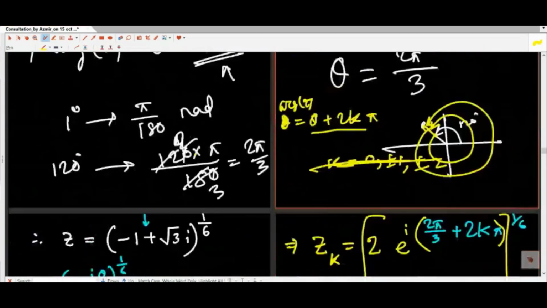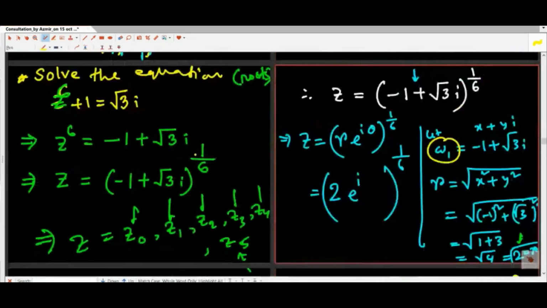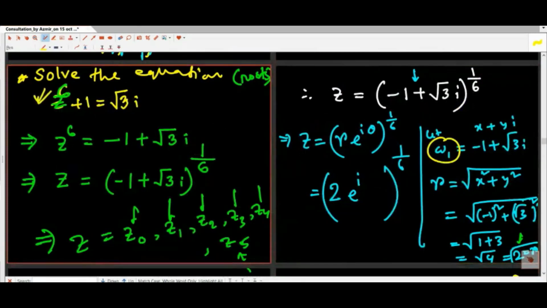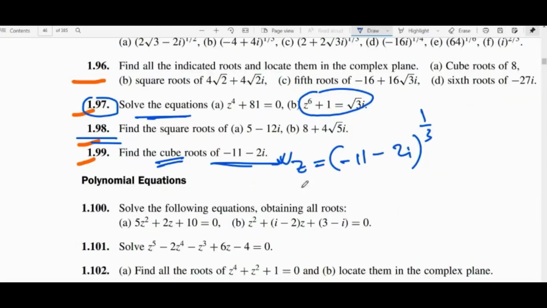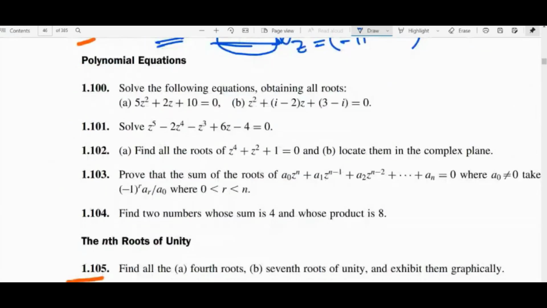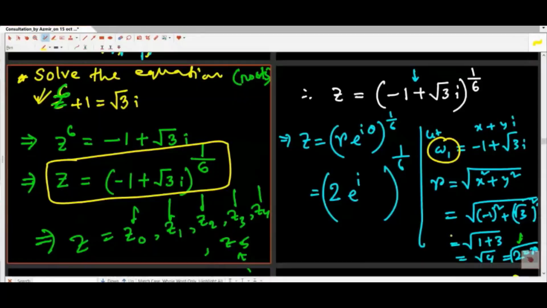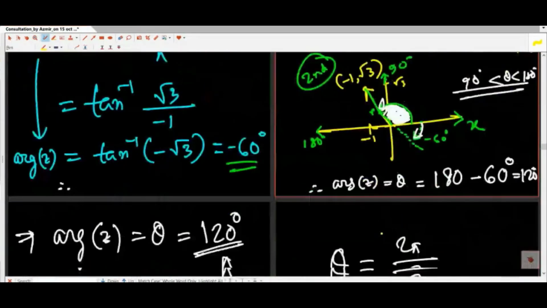If we have an equation like this, we are converting that equation in this way, a complex number with a power 1 over 6. Similarly, we have a complex number with a power 1 over 3. So this is how we can easily compute the roots of any equation where a complex number is involved.